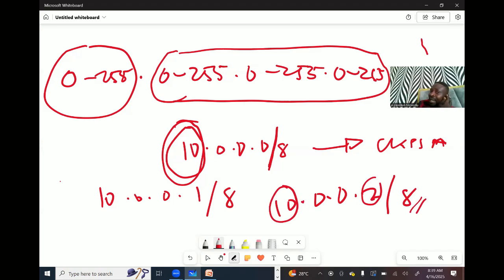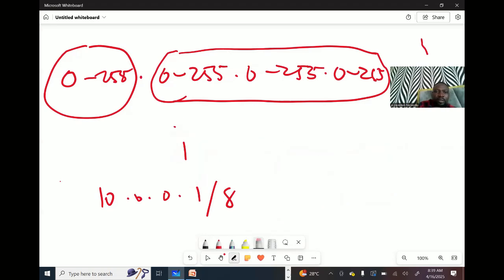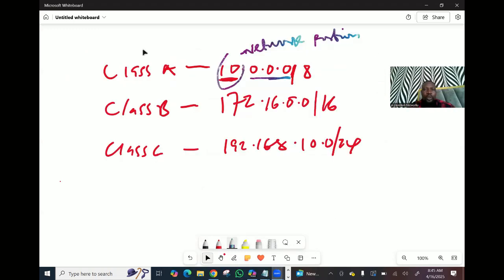So in a class A IP address, we have 3 octets dedicated for hosts, while we have just 1 octet dedicated for network. Let me put that in writing.